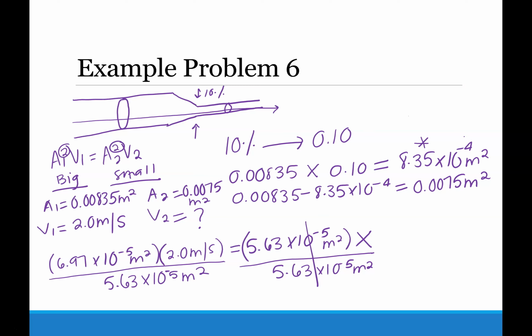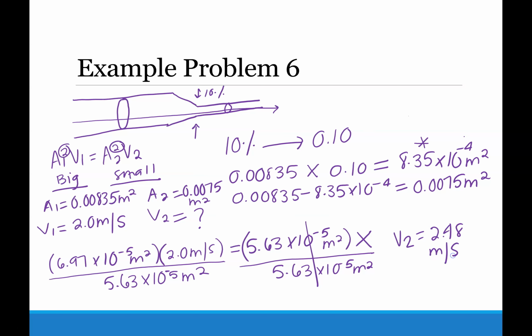So in your calculator, 6.97 E to the minus 5 times 2 divided by 5.63 E to the minus 5. And that is going to equal a V2 of 2.476 or 2.48 meters per second.